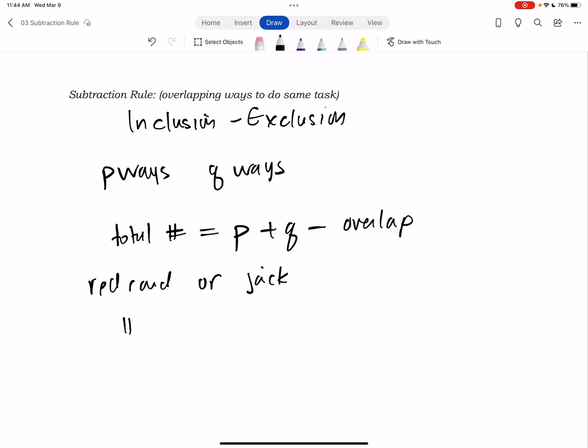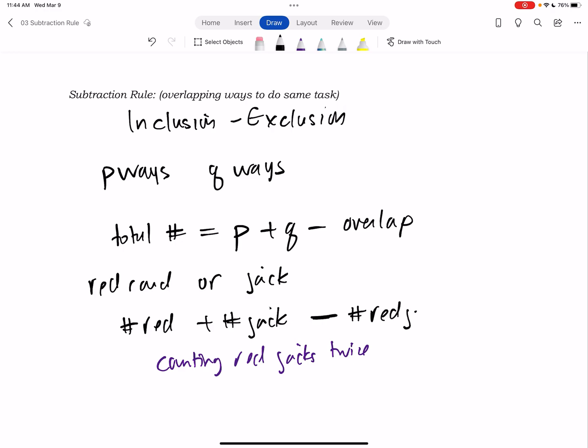Well, you could say the number of ways to pick a red plus the number of ways to pick a jack. The problem is that you're counting the red jacks twice. So you want to make sure that you don't double count. So what we would do is subtract off the number of red jacks, the number of things that they have in common.